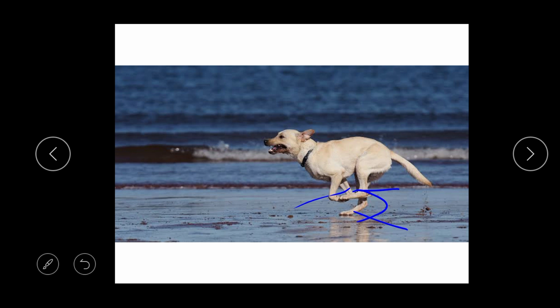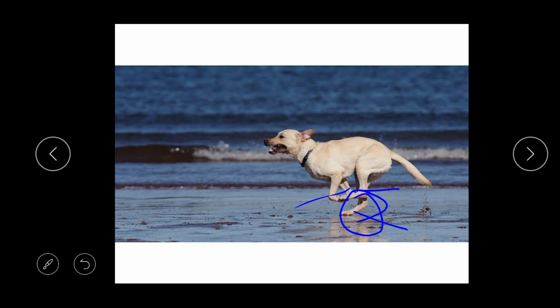Another thing you have to know when running is that you move at a speed. When you run, you are faster than when you walk. And when you run, you will never have both feet on the ground at the same time. Look at this dog. All the feet are not on the ground at the same time.